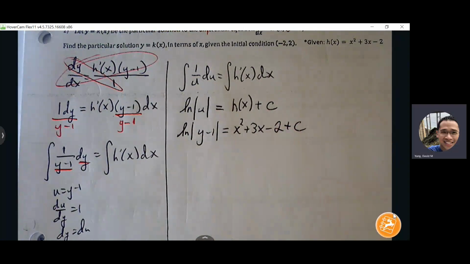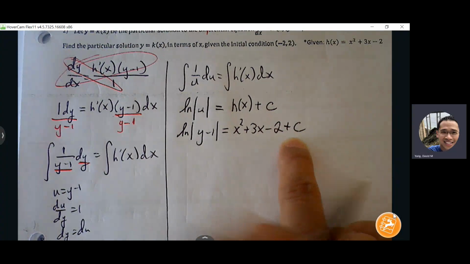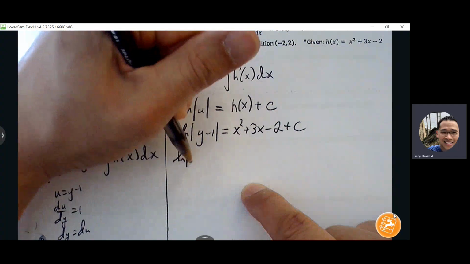I can just have that -2 going with that plus c. Right, these are both constants here, so I'll rewrite this.